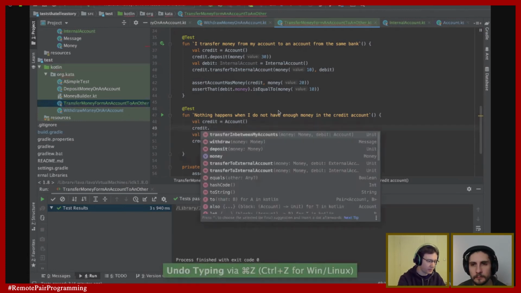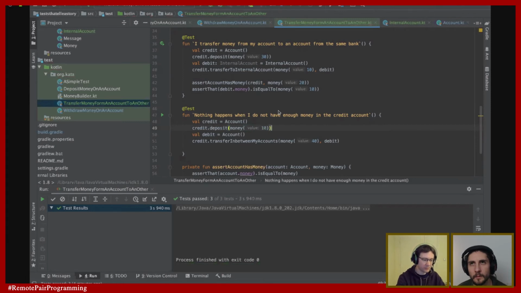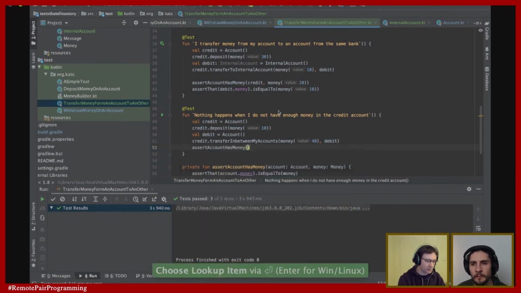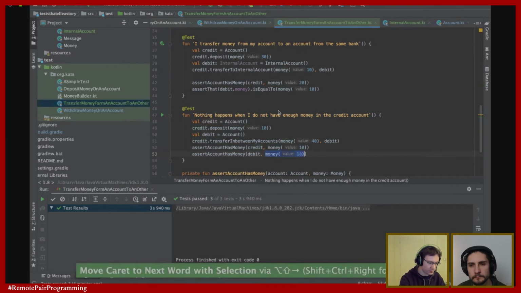So we will end up with the same code, but I think it's best to do what we're doing here for the readers. Yeah, I don't know if it's the same code, maybe. We'll see. And then we want our credit to have money and our debit to have no money.